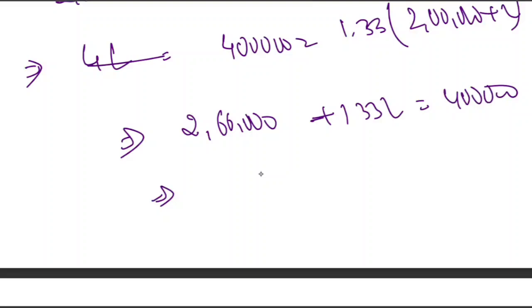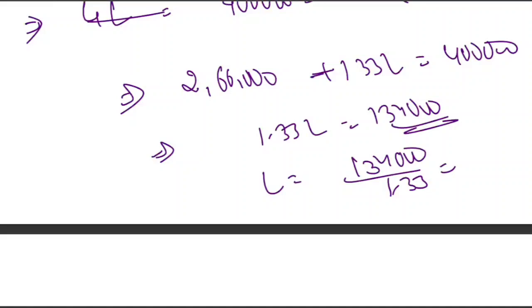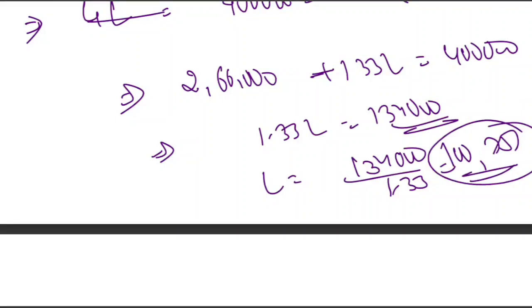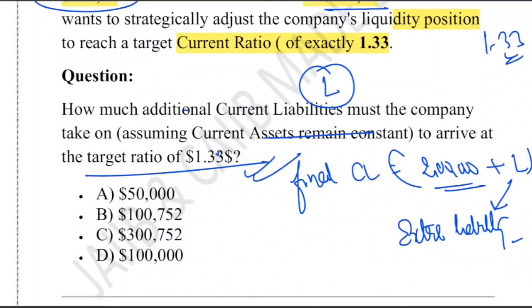So from here, 1.33L is equal to 4 lakh minus 2,66,000, which is 1,34,000, and L is 1,34,000 divided by 1.33, which is near about 1,00,751. This is the L. If you look at the options they have provided, $50,000, no, that's wrong. 1,00,752, yes, correct. C is wrong, D is wrong, B is the correct one.